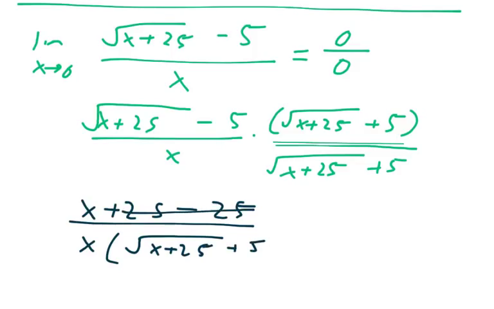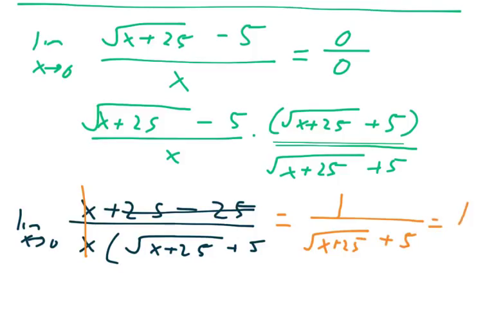So those disappear. And then once the 25s are gone, the x's can disappear, and I'm left with 1 over the square root of x plus 25 plus 5. And so when I plug the number 0 in right there, it turns out to be 1/10.